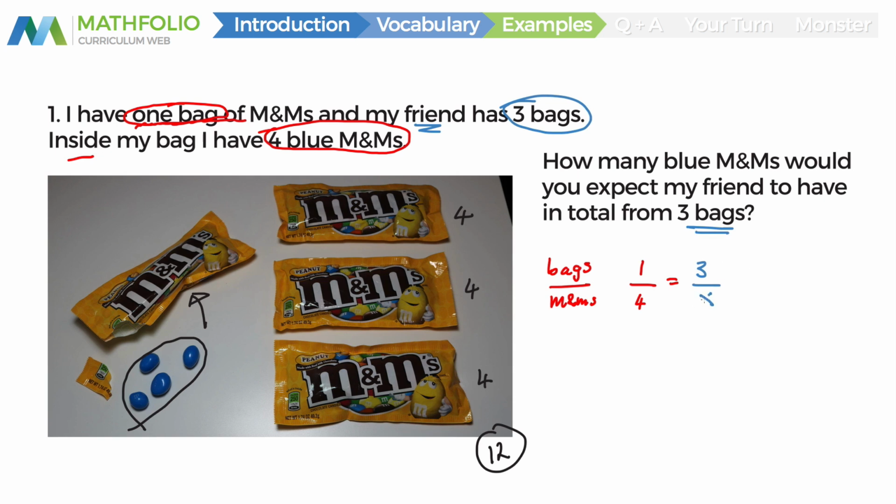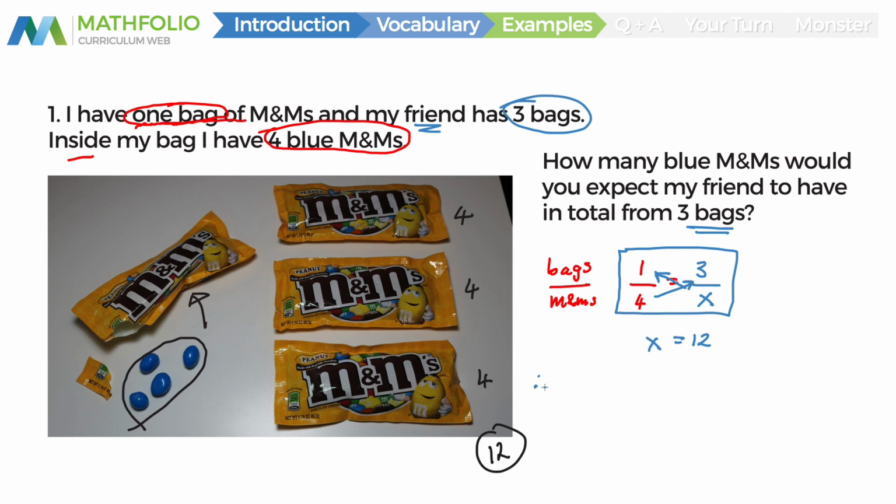So how many, we're going to put an X in line with the M&Ms. So once we have this proportion, what we're going to do now is just cross multiply. So the X times 1 is 1X, or just X. The 4 times the 3 is 12, and that's our answer. But we should always go on to write our answer.